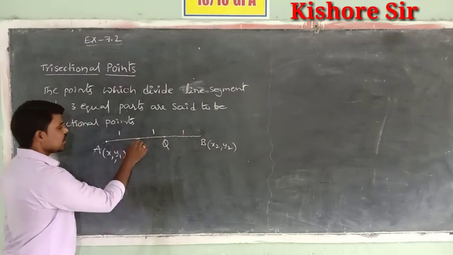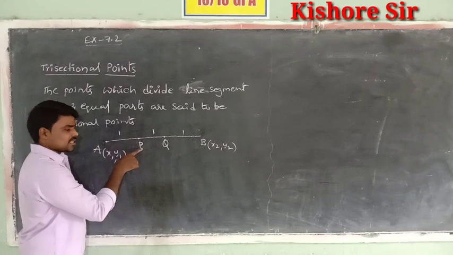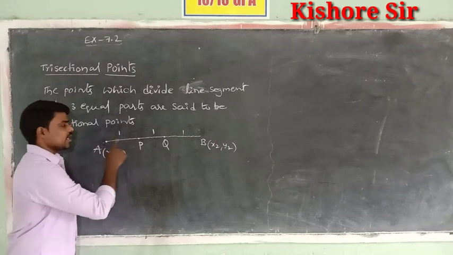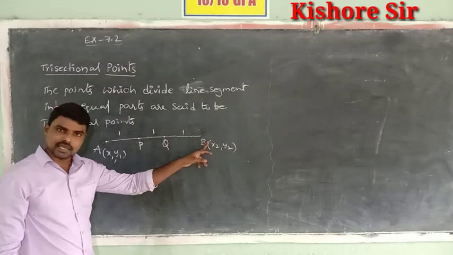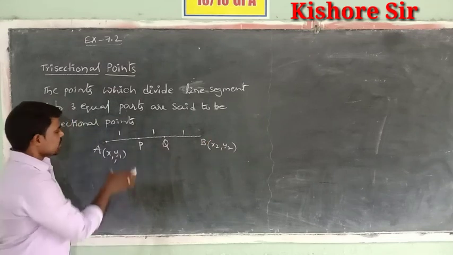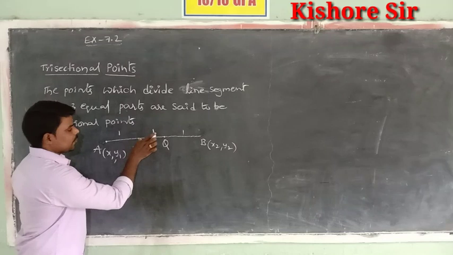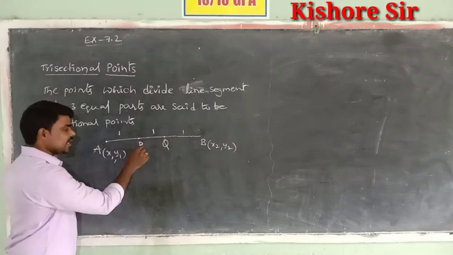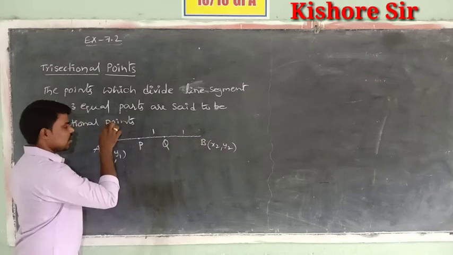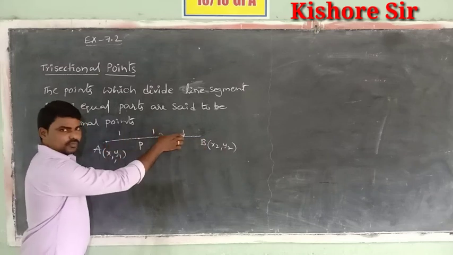See here, the point P divides the line segment AB in the ratio AP is 1 part and PB is 2 parts. 1 plus 1, 2 parts. So P divides AB in the ratio 1:2.